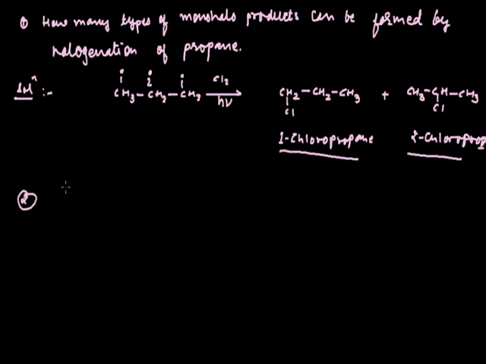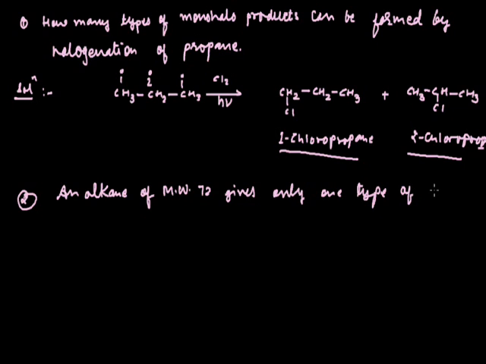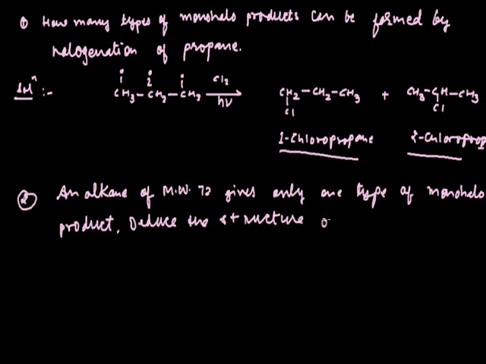Next question. An alkane of molecular weight 72 gives only one type of monohalo product. Now deduce the structure of the alkane.